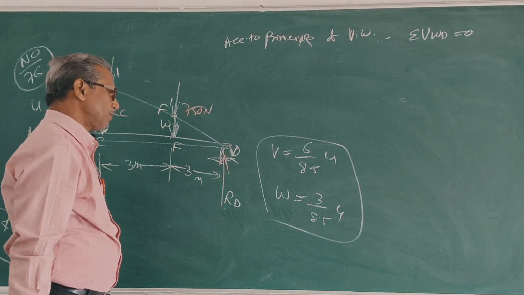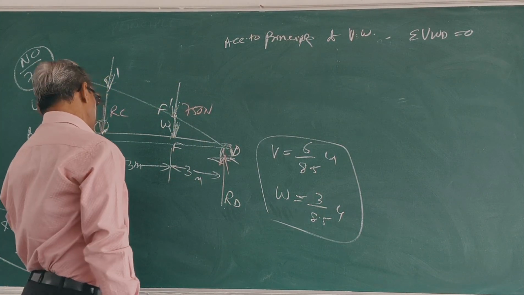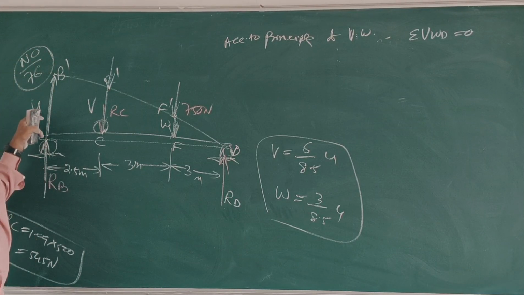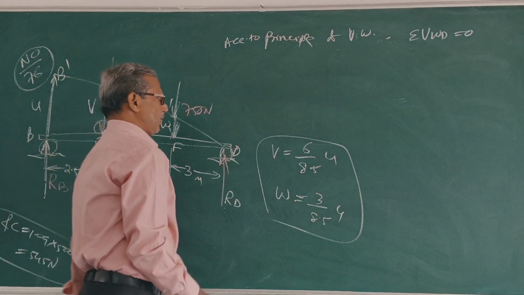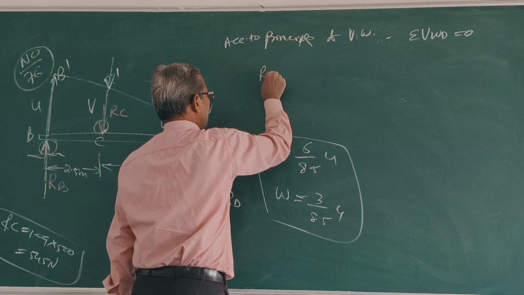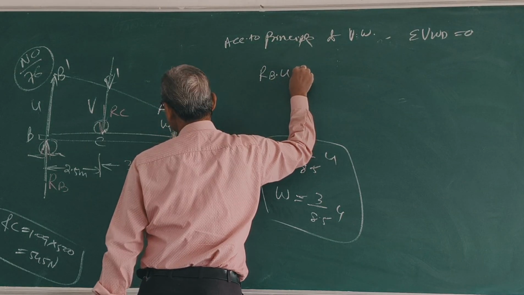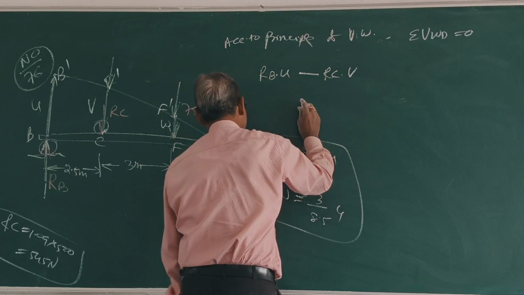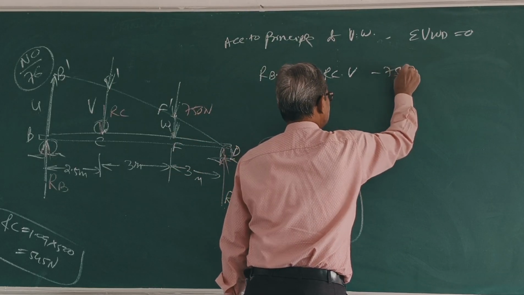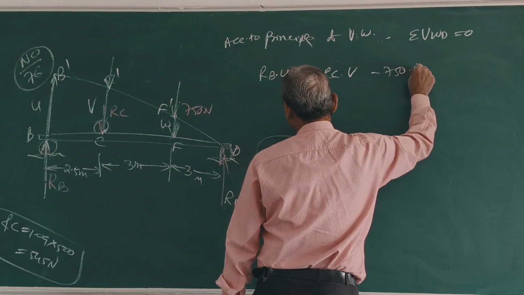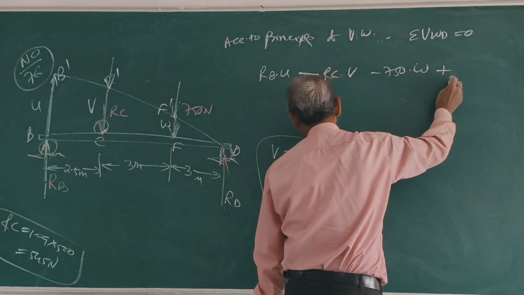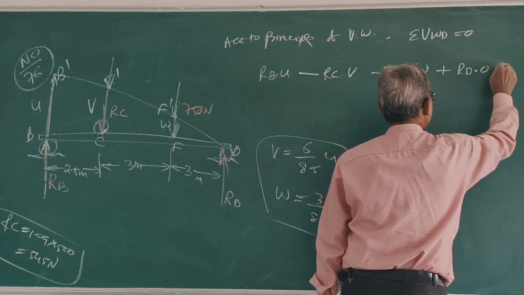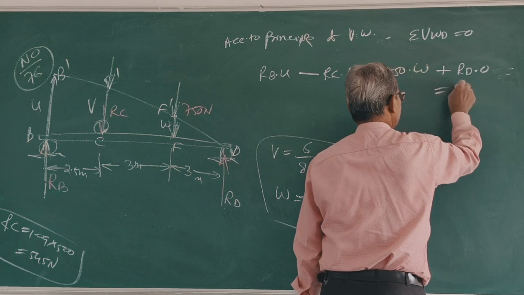Clear? Start from here. RB goes upward, so RB into U, minus RC into V, minus 750 into W, plus RD into 0. Clear?